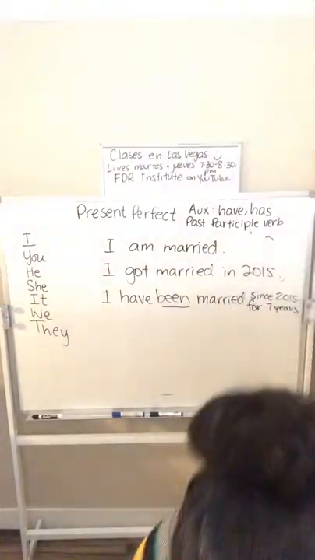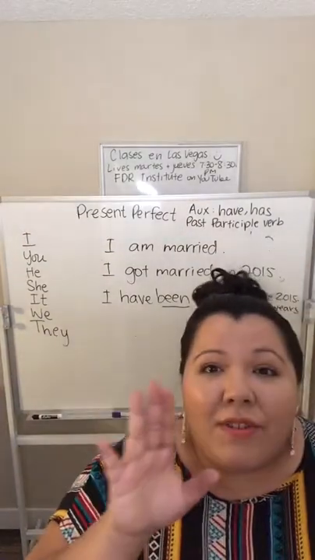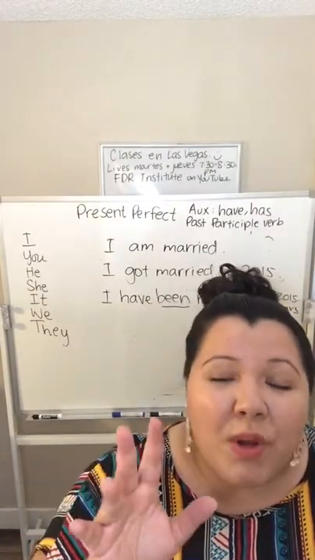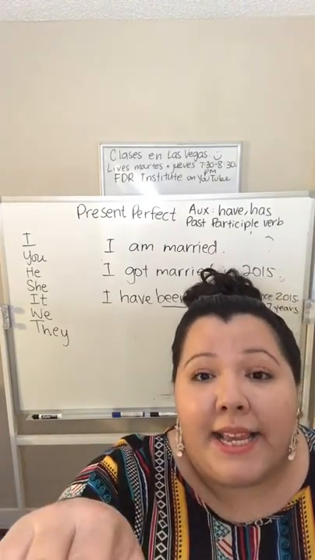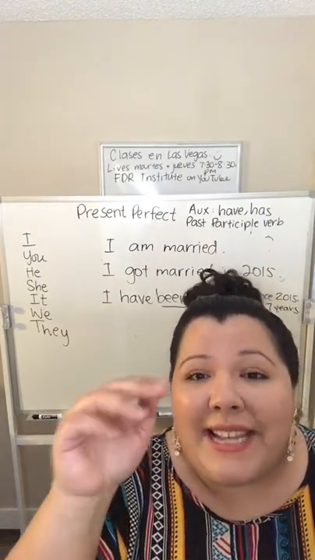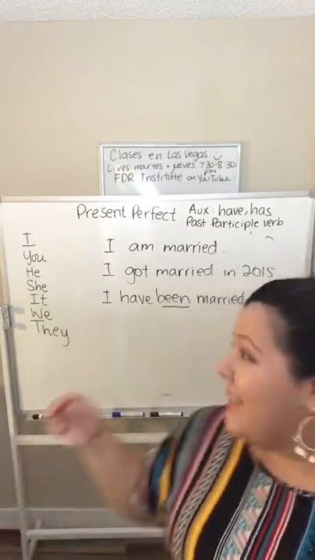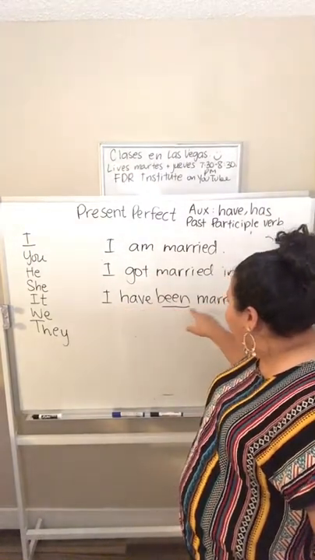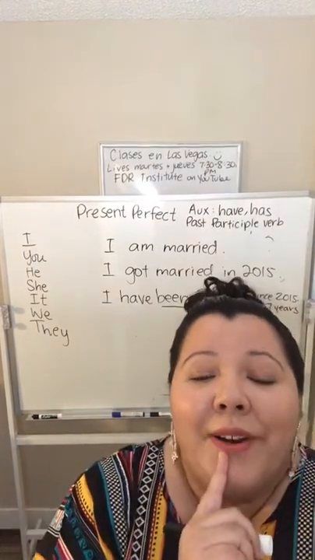Okay, now, let's talk about algo que para los hispanohablantes puede ser confuso. Been es el pasado participio de be, el verbo ser o estar. So, sido o estado. En este caso es estado. He estado casada. All right. So, what was I saying? Oh, okay.